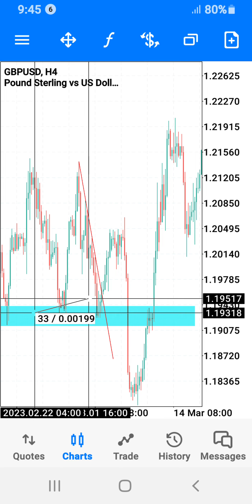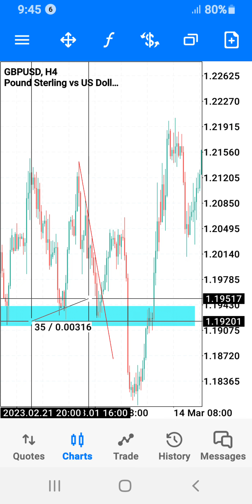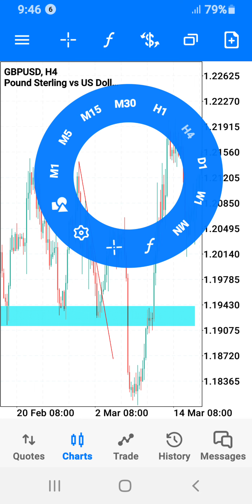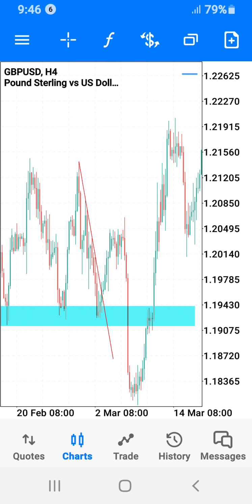Our stop loss was 30 pips, and we got in here.